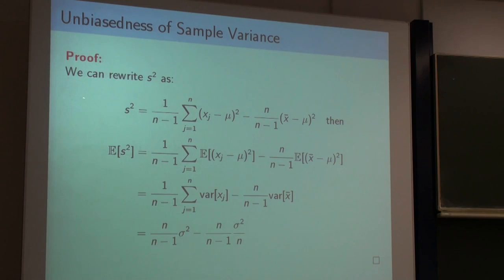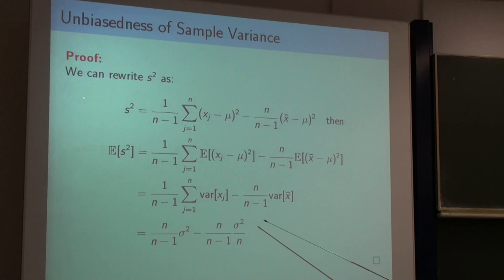Now let's look at this. The variance of xj is constant, the same for all our variables xj, because we assume that we draw them independently from an identical distribution.